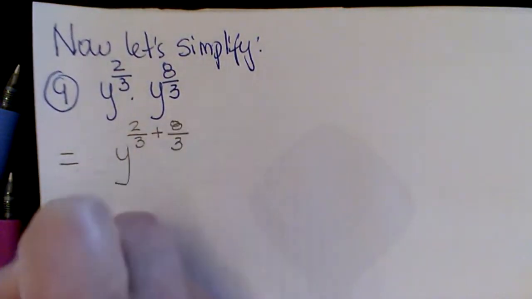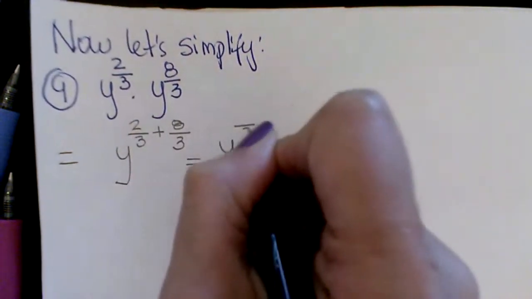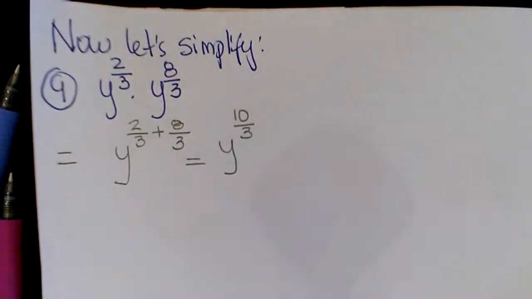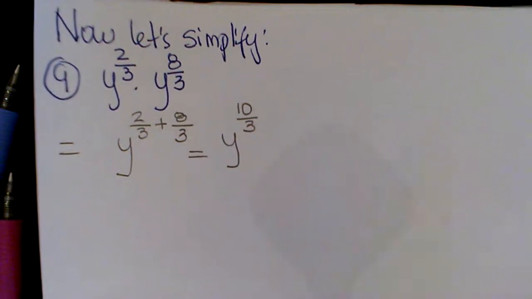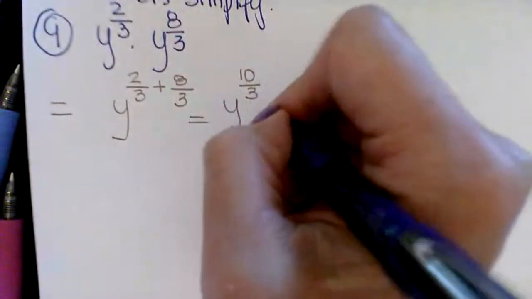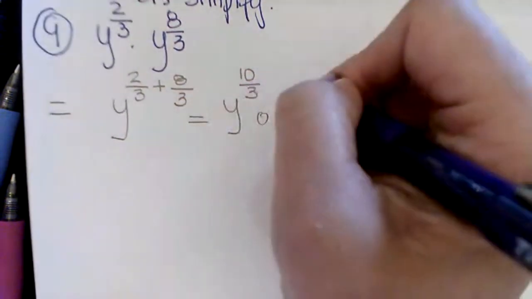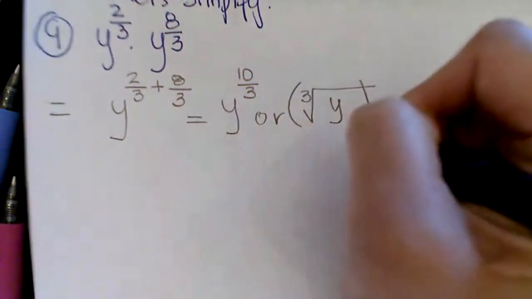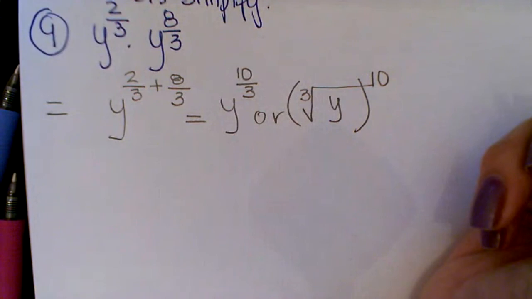So what do I have? This is going to be y, I have the same denominator, 8 plus 2 is 10. Right? So now I could write it, I could have this answer, or the denominator is going to be the index, and 10 is going to be the exponent. Okay?